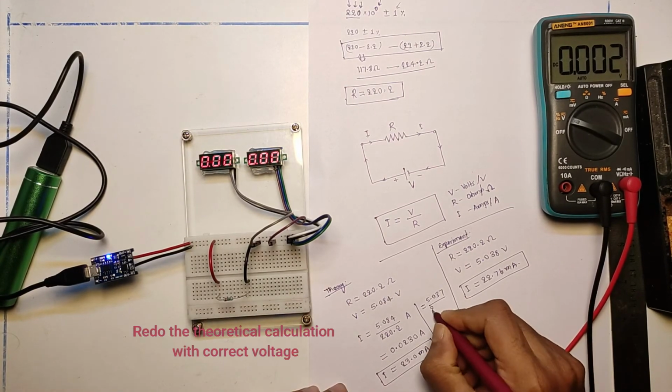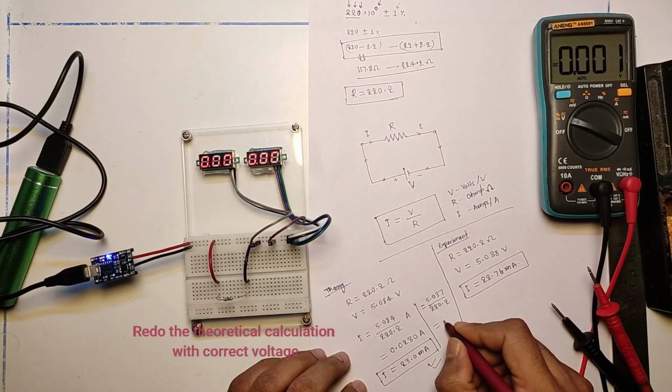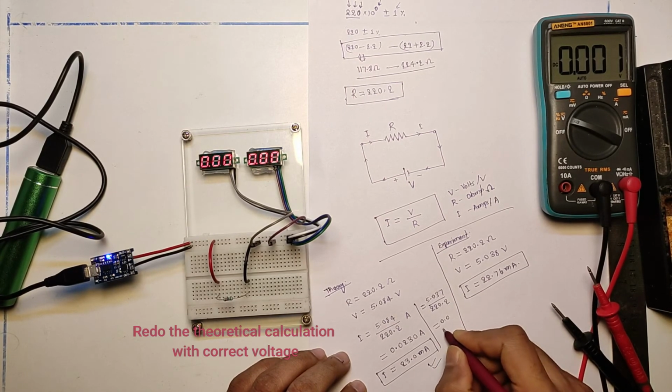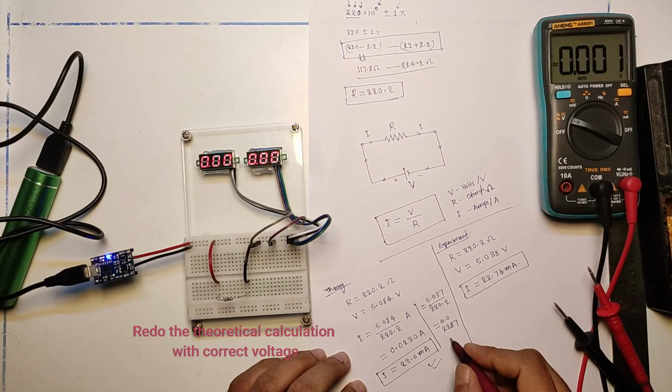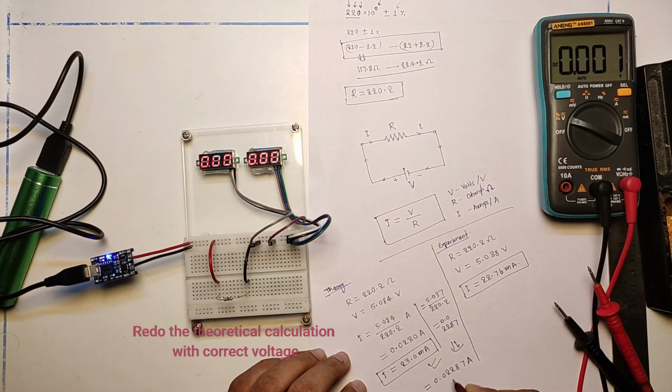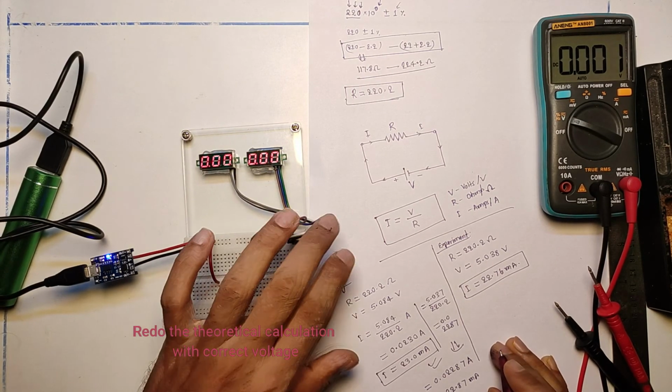Divided by 220.7. I will write down here some below for your clarity. Further down, it will be equal to 0.02287 ampere. If you translate to milliampere, it will be 22.87 milliampere. Is it clear?